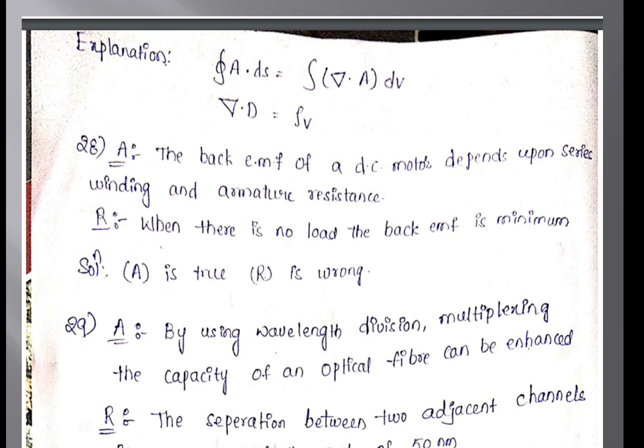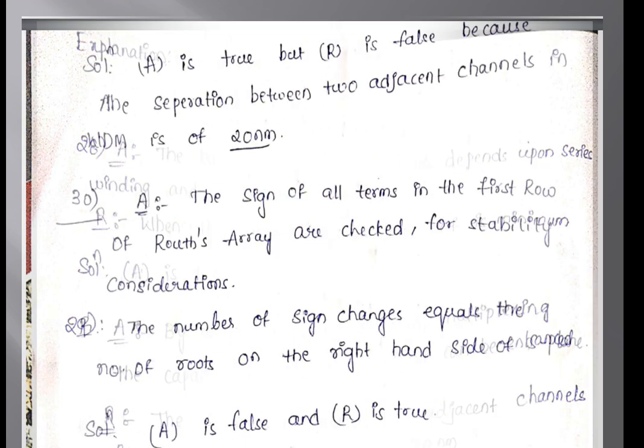And the 29th question: by using wavelength division multiplexing, the capacity of an optical fiber can be enhanced, and the reason given is that the separation between two adjacent channels in wavelength division multiplexing is of the order of 50 nanometers.